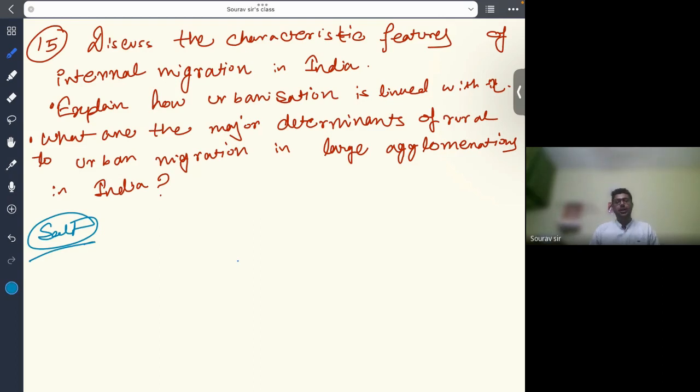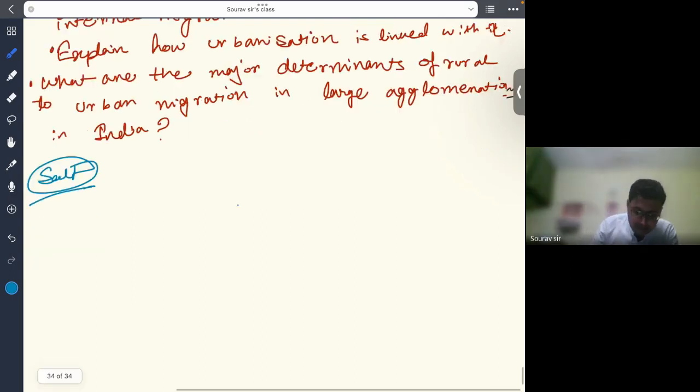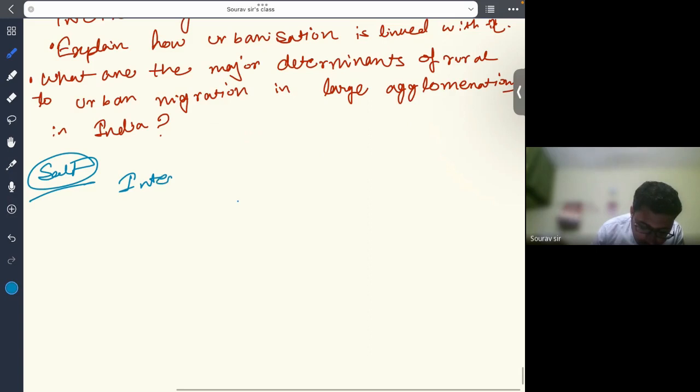Internal migration in India refers to the movement of people from one region to another region within the country. So the characteristic features. At first we should define this internal migration term.